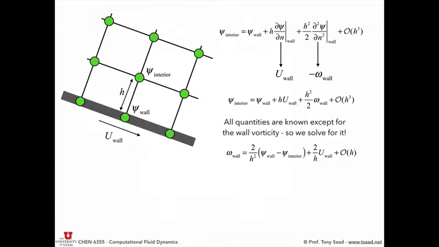Think about order. All approximations we did so far were second order accurate, except for this one. And we're going to live with that, because that's the reality of CFD. Order of accuracy is important, but what's more important is a solution that is reasonable.